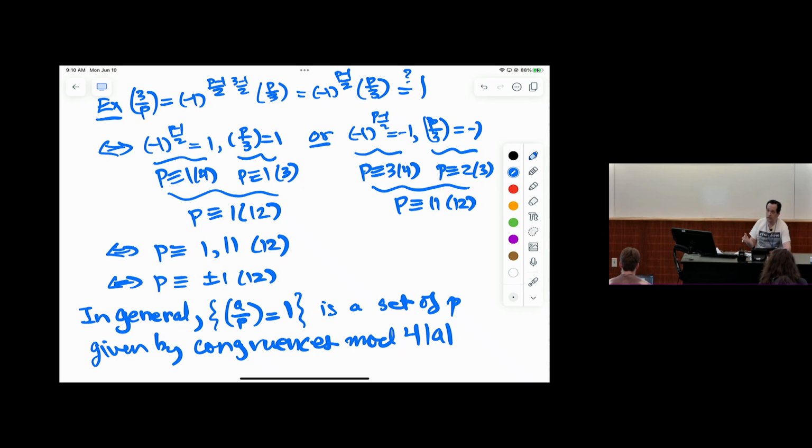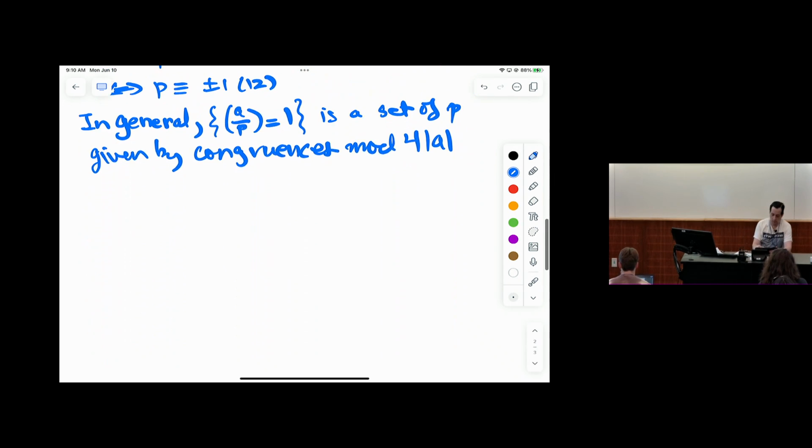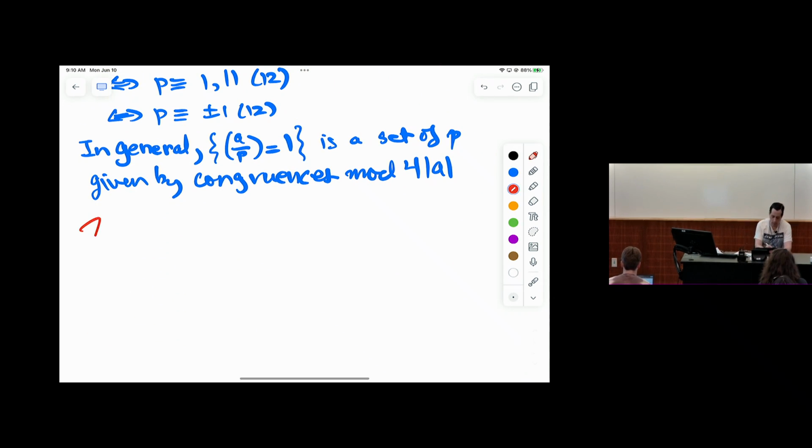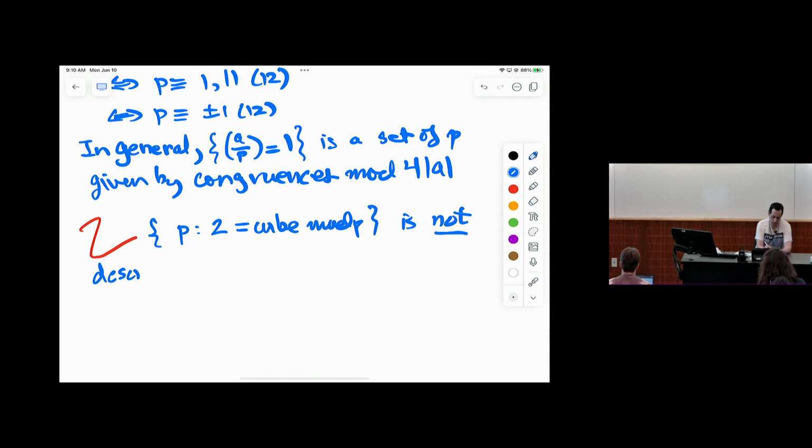If you try to do this for higher powers, describe the primes for which, so maybe I should give a warning here, that trying to describe the primes for which 2 is a cube mod P, this is definitely not described by congruence conditions.